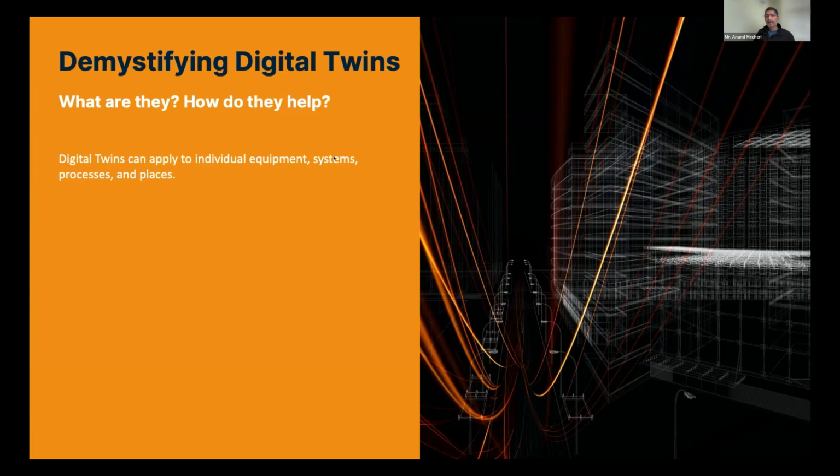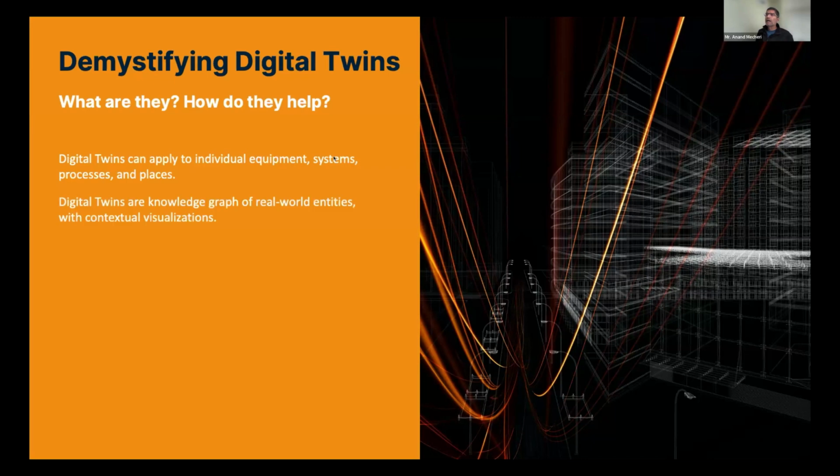Or it can be about places, and places can be buildings, any kind of building, aviation infrastructure, data centers, healthcare facilities, university buildings, or commercial office buildings, whatever it may be. Or it could be any kind of infrastructure: energy infrastructure, water infrastructure, road networks, rail networks. Or it can be entire cities with a number of subdomains. So you can imagine how vast the potential of digital twins is.